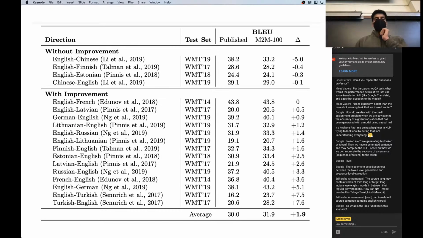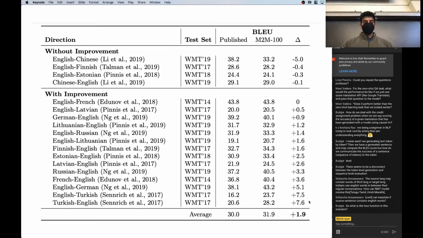They evaluated over a ton of different directions from this WMT, Workshop on Machine Translation, shared tasks over the past few years. They found that these 4 directions they were not able to improve on with their many-to-many system, but all of these pairs they were able to have some improvements on, and some of these improvements are actually quite huge.